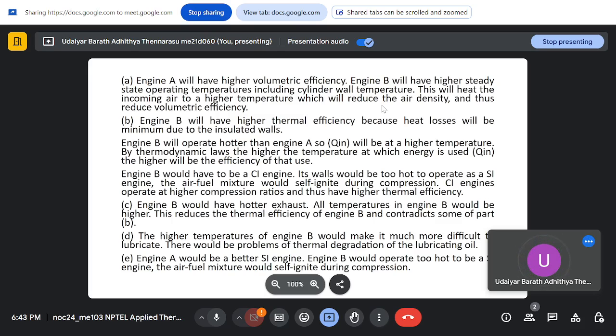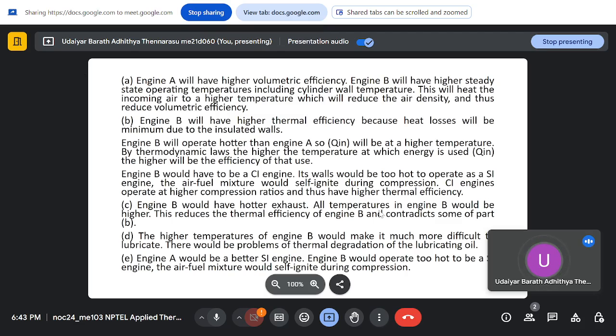So the air which is coming in is heated to a higher temperature compared to engine A, and this higher temperature air has lower density, so the effective mass of air coming in is reduced. This causes a lower volumetric efficiency in engine B.